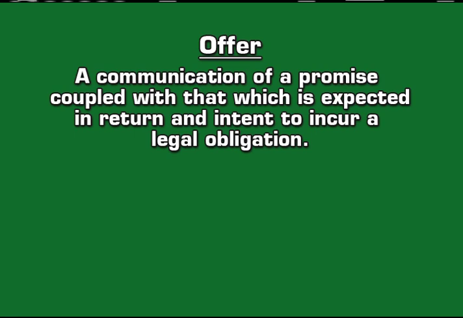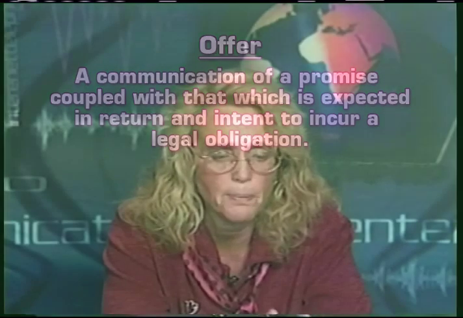It is the objective meeting that we care about, not subjectively what people are thinking. The manifestation of assent is made by written or spoken words, by acts, or by the failure to act. It is not subjectively what we feel. So the mutual assent that we talked about is an objective standard.